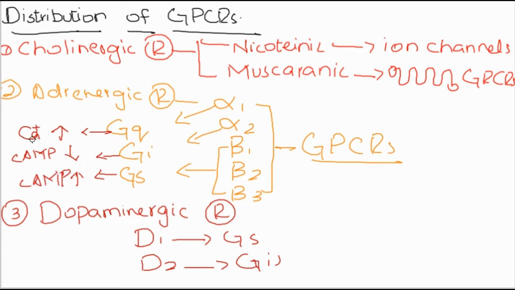So alpha 1 increases calcium level, alpha 2 decreases cyclic AMP, and beta 1, beta 2 and beta 3 increase cyclic AMP in the cell. Same here, D1 increases cyclic AMP, while D2 decreases cyclic AMP in the cell.